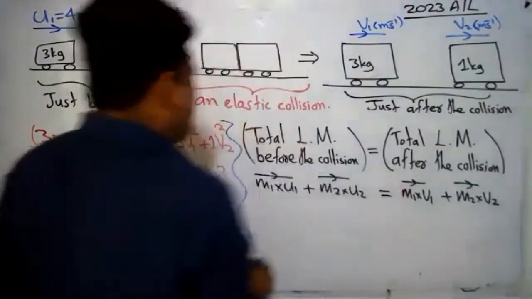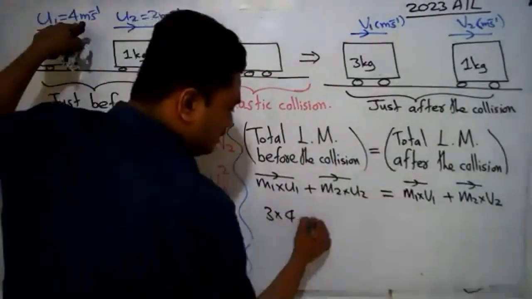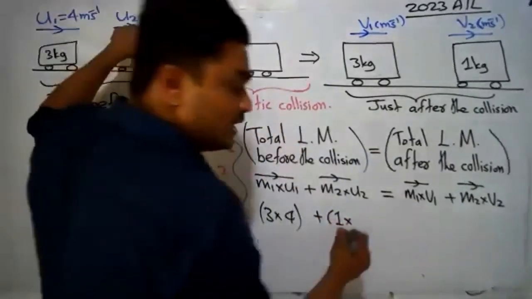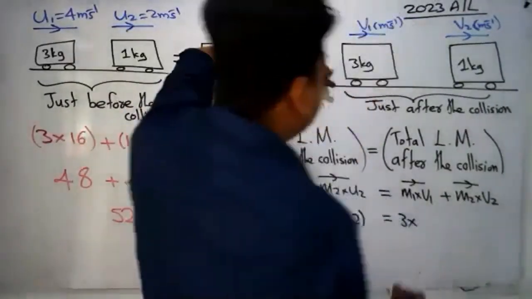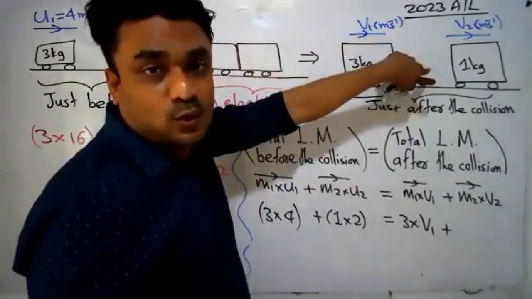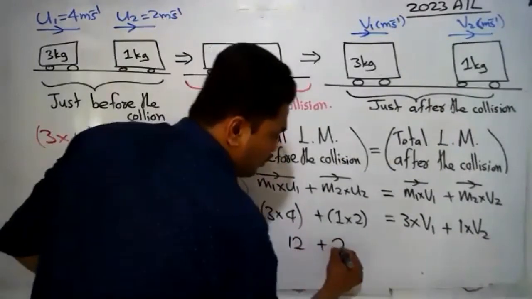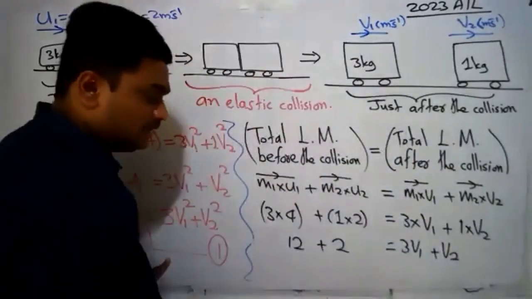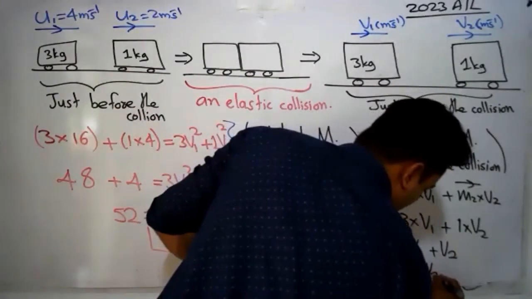Equation mark. m1 is 3 kilogram, u1 is 4, plus m2 is 1 kilogram, u2 is 2, equals m1 is 3 kilogram, v1 is unknown, plus m2 is 1 kilogram, velocity v2. 3 times 4 is 12 plus 1 into 2 is 2, equals 3v1 plus v2. 12 plus 2 is 14 equals 3v1 plus v2.